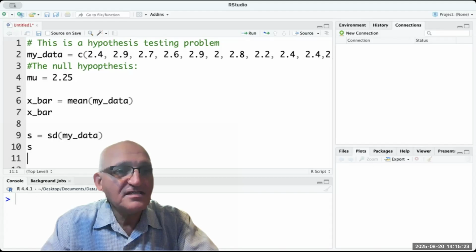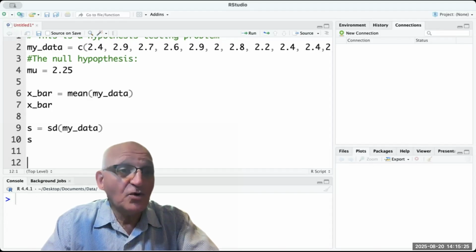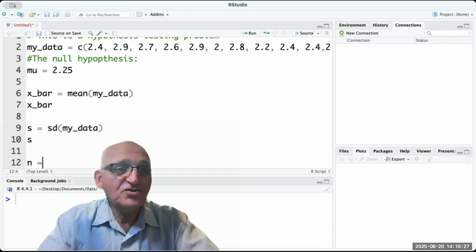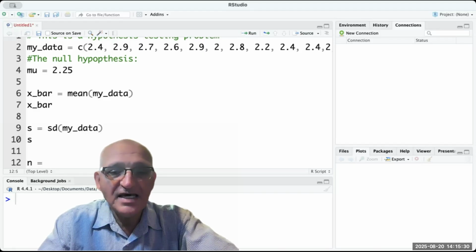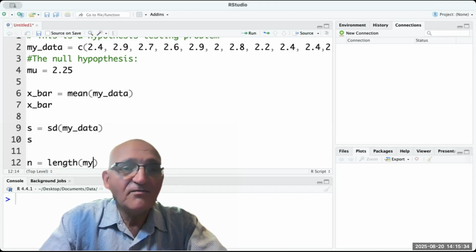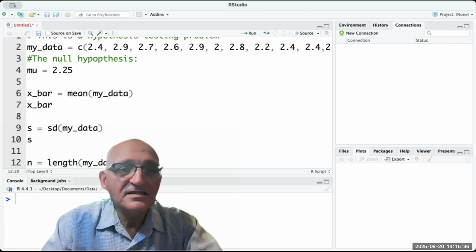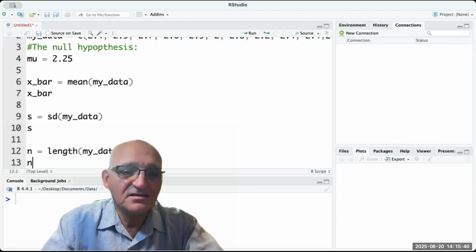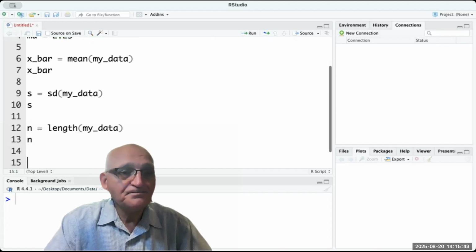And I can print s if I want. Maybe I want n. I'm not going to say n equals 12. I'm going to say n equals the length of my vector, the length of mydata. Again, tab to get the thing, and then I can print n, which I don't care about.